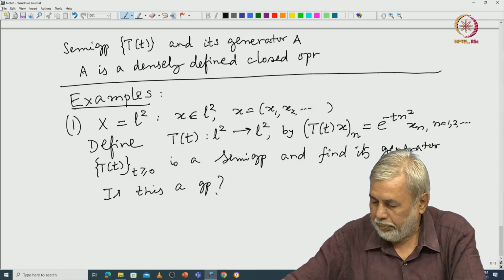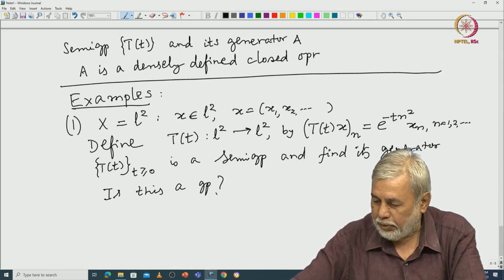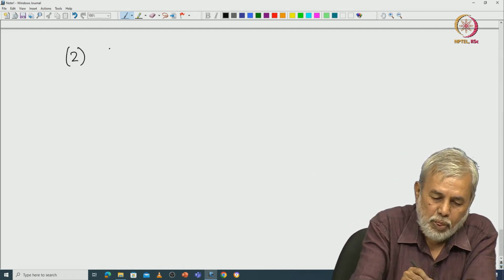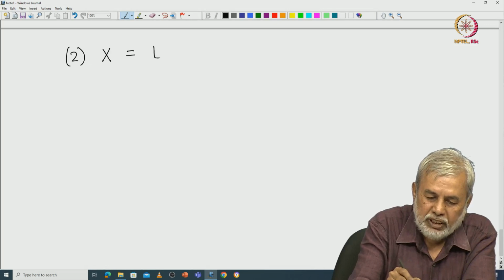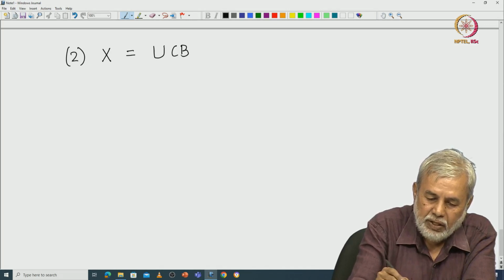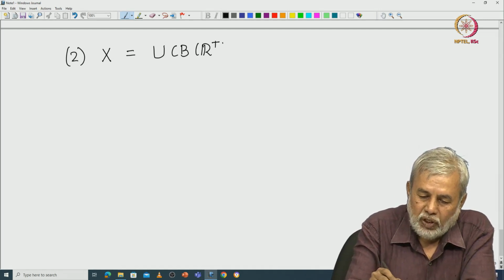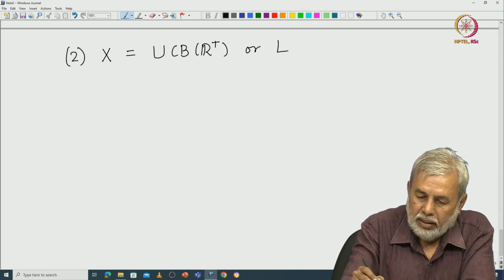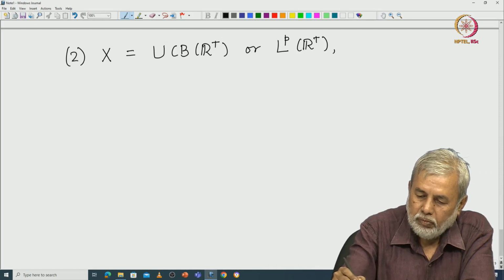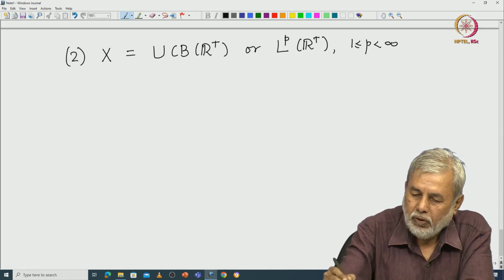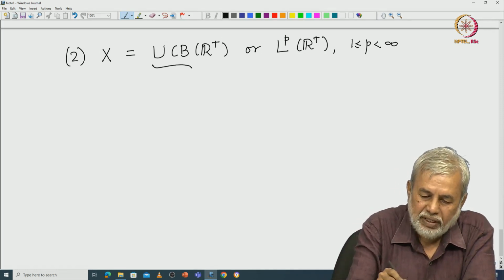Okay. The next one is the function space. So, here X is either UCB, I will define what this is, R plus is 0 infinity, the positive real axis, or the LP. Okay. So, let me define this.